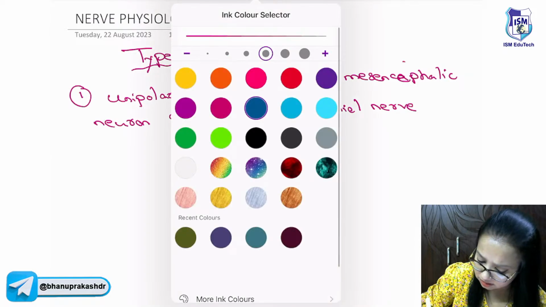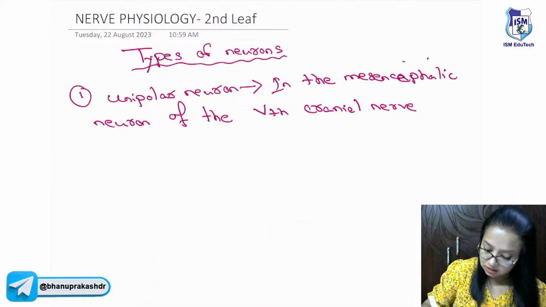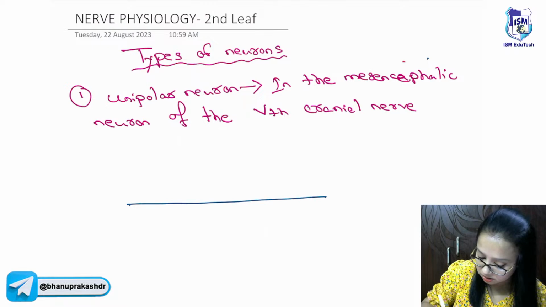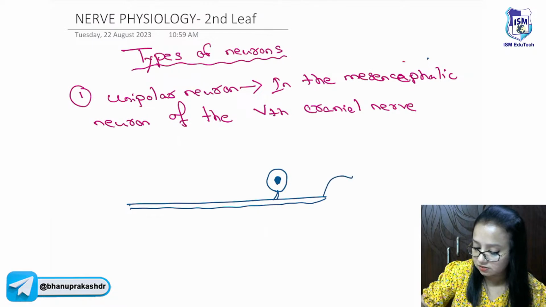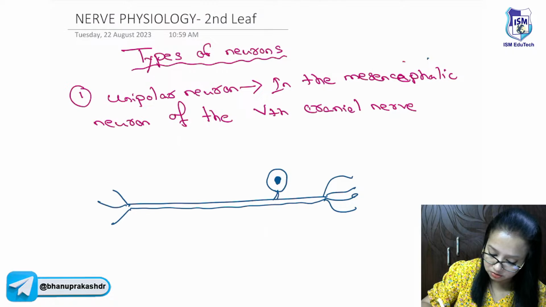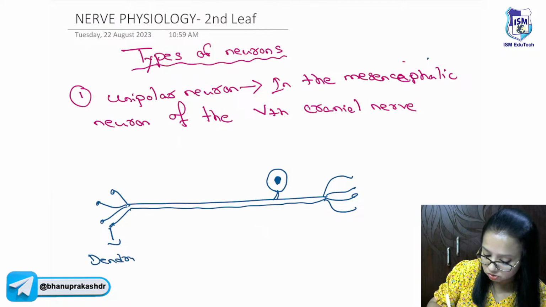Just an idea roughly for our understanding. This unipolar neuron looks something like this. It has got only one process coming out of the cell body, just one process, which is the dendrite.